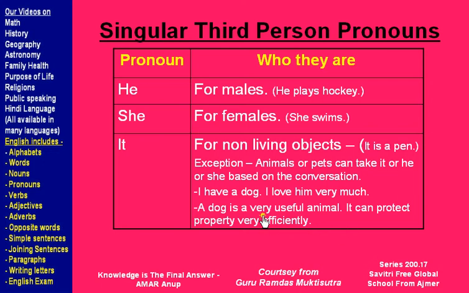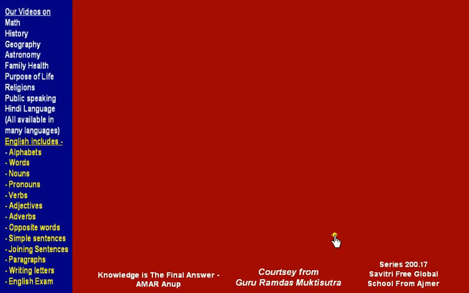A dog is a very useful animal. It can protect property very efficiently. So this is the exception where in case of animals and pets we use either it or we use he or she as if they are living just like human beings.